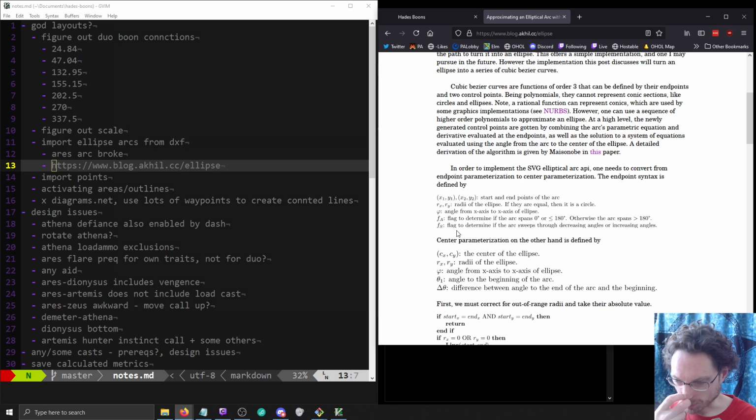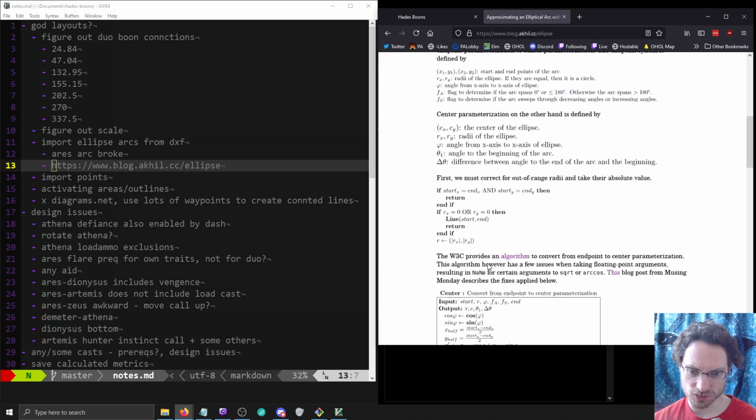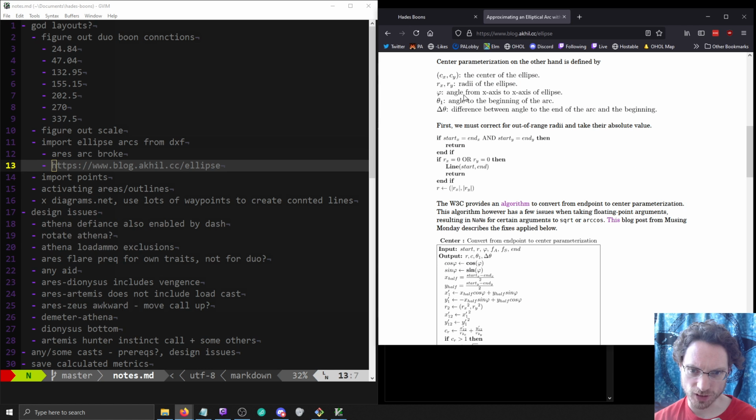With the SVG elliptical arc API, one needs to convert from endpoint parameterization to center parameterization. Well, all right, so we don't necessarily have that. We're trying to kind of keep things in an abstract format. Might have to do a few conversions.